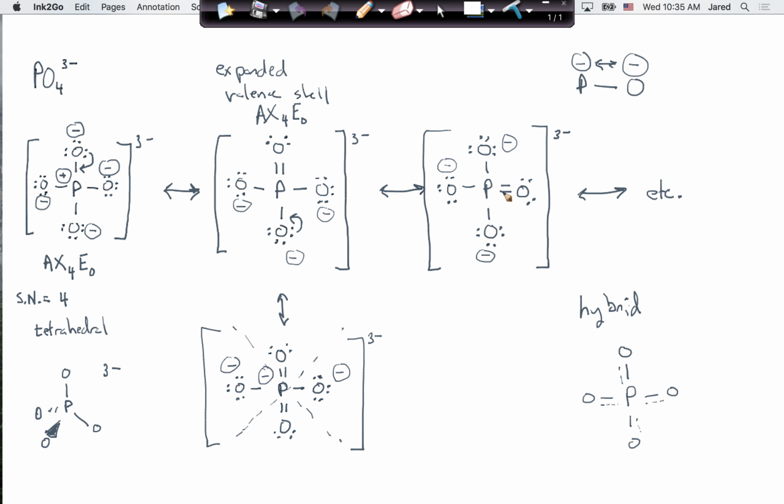What about here? AX4E0. What about this one? It's kind of hard to see now because I've done stuff to it, but again, 4 atoms around the central atom, AX4, and no lone pairs, AX4E0.